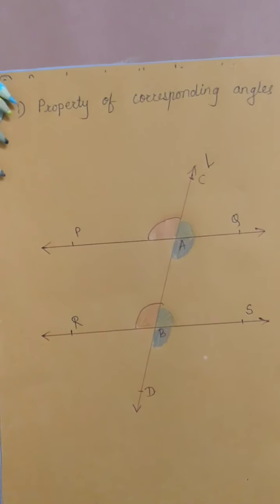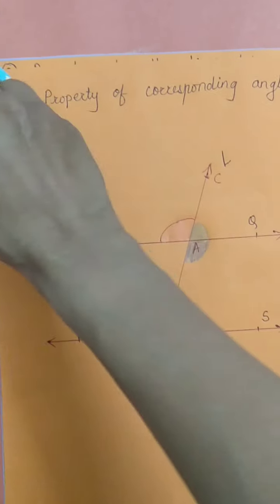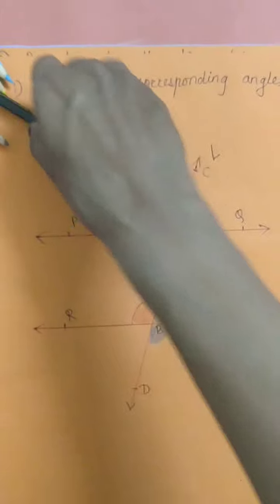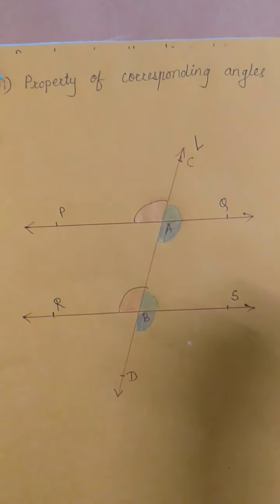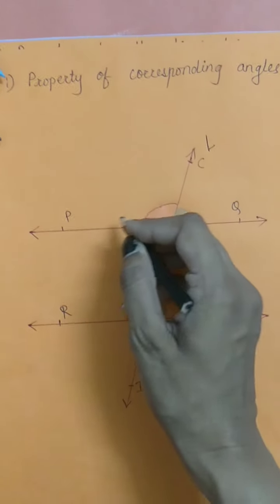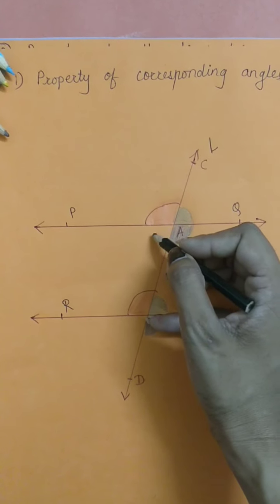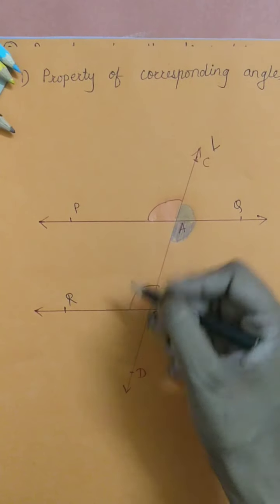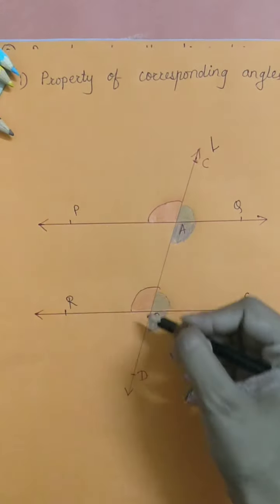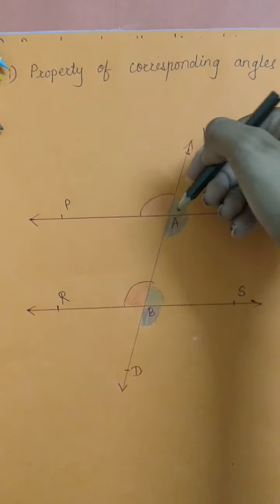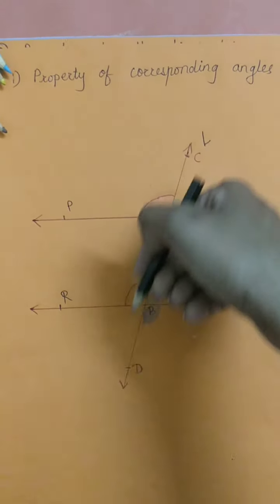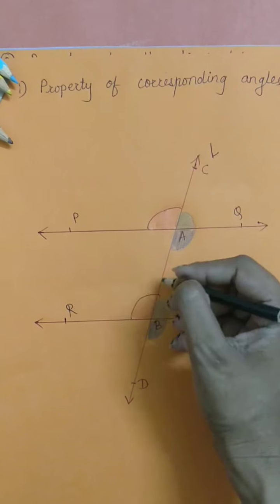Very good. And now we'll show this fourth pair with this black color. Can we talk about these two now? Yes, they have one arm which is going in this direction and the other on the transversal, and both the rays are going downwards.